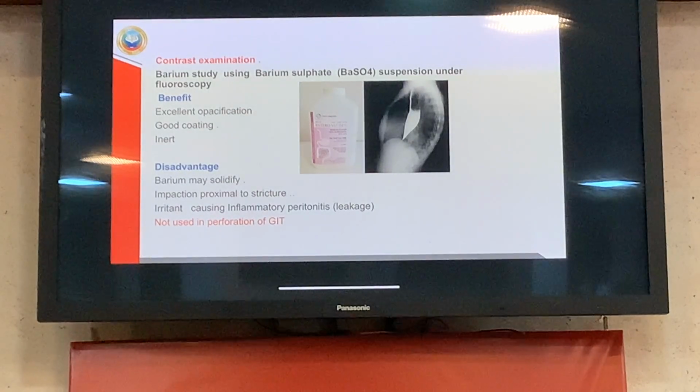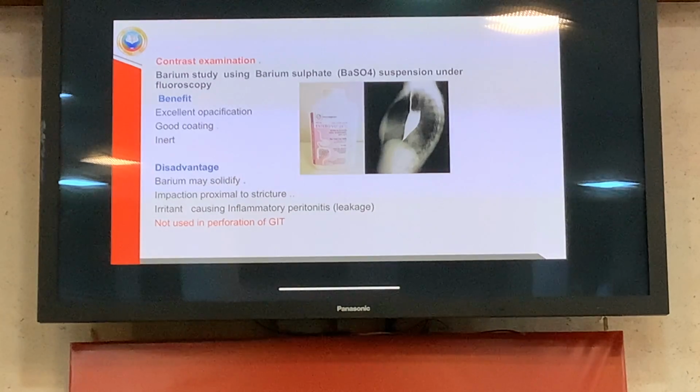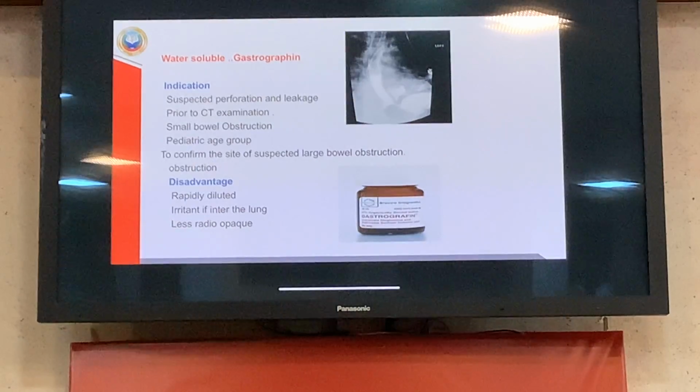But the disadvantage: barium may solidify and cause impaction proximal to the stricture. So if the patient is suspected to have a bowel stricture, barium is not used. It is also an irritant when there is a suspicion of leakage or a rupture in some part of the bowel. And it need not be used with CT.